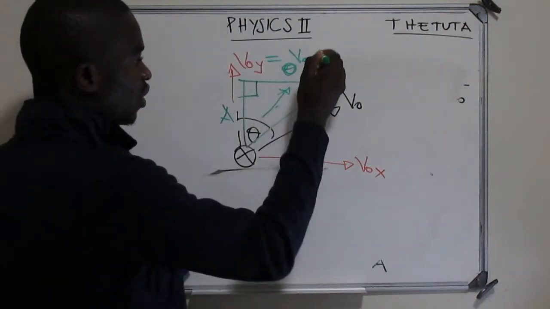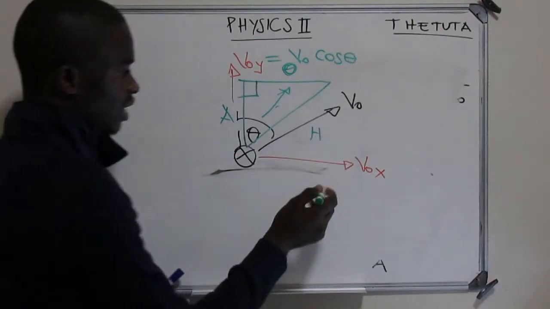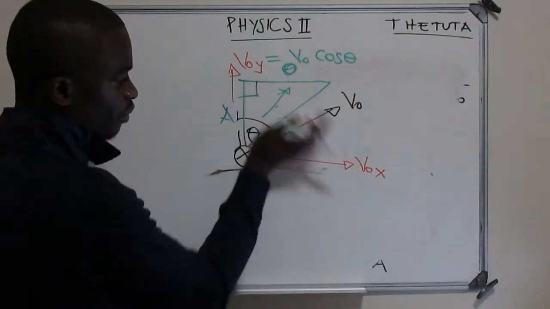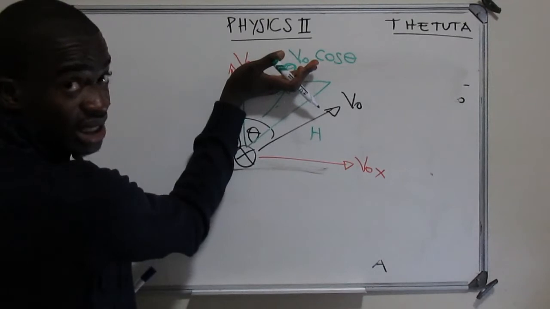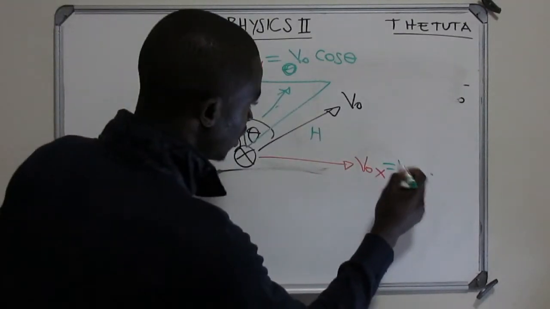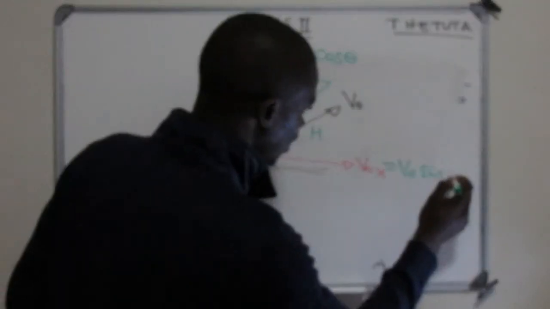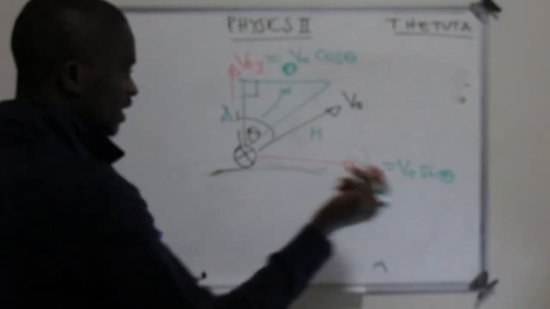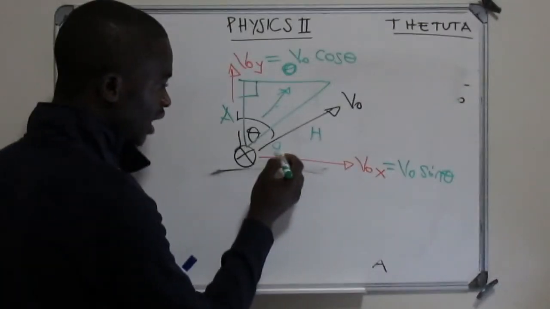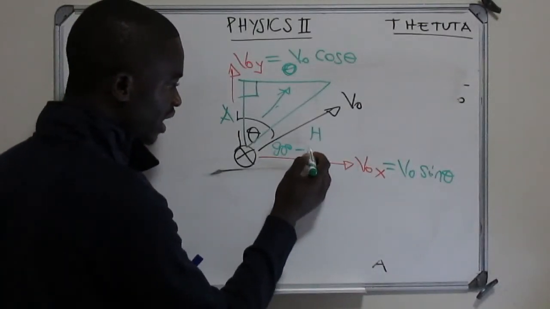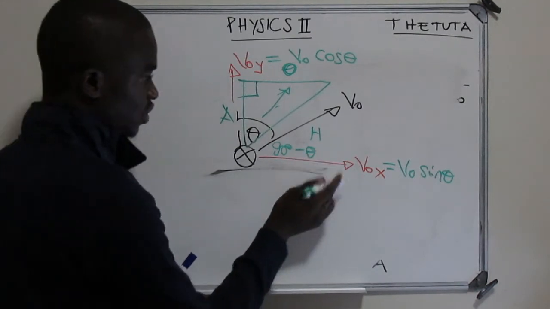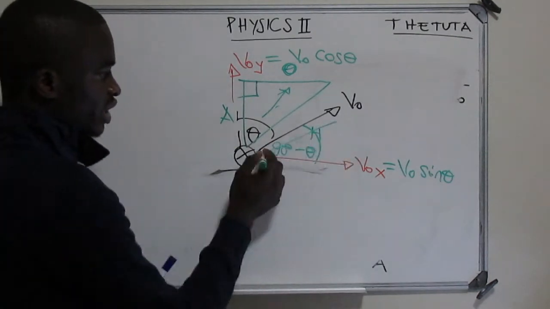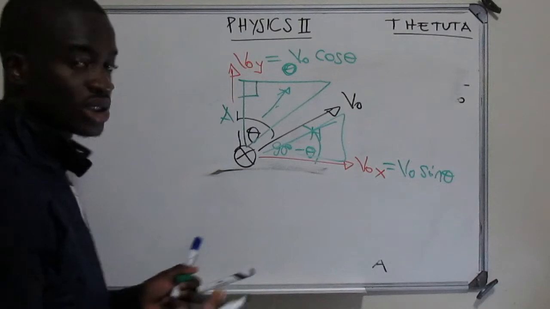V0 cos of theta. But the x is on the opposite because this vector will go that side, and therefore it's going to be V0 sine of theta. Okay? Or someone can come just here and say 90 degrees minus the given angle so that you can play around with the right angle on this side. So it depends on you.